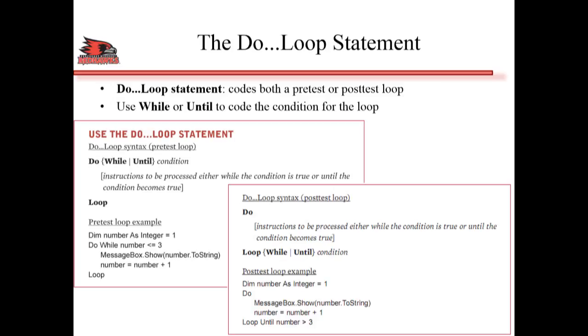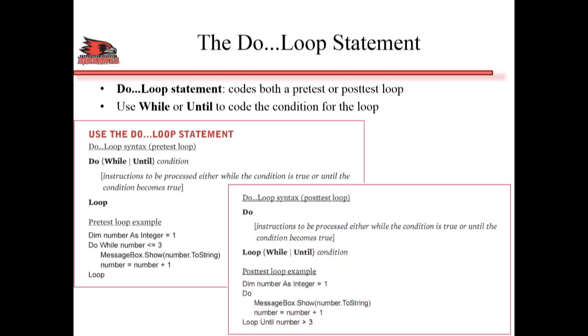If you use an until, then generally the instructions are processed until the condition is true. So as long as the condition is false, the instructions are processed. Whenever the condition after until is true, that's the end of the instruction processing. So let's look at the pretest loop example.